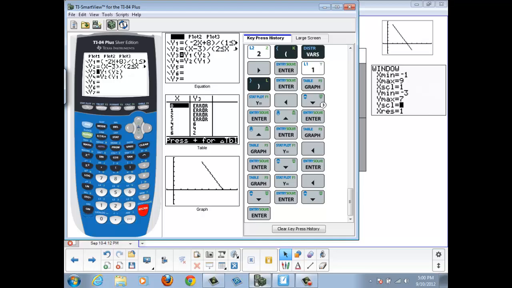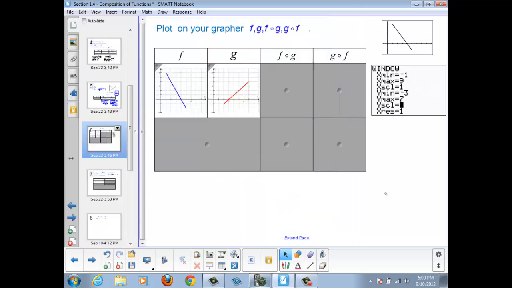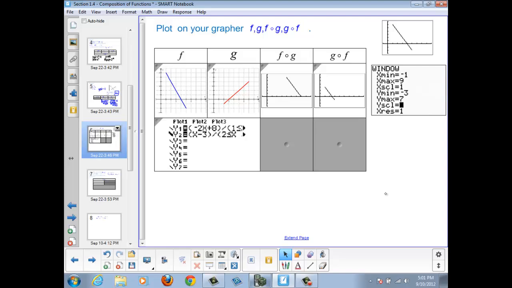Of g. Notice here. And if we do the same for g of f, we should get this graph. And there's our equations for each of those.